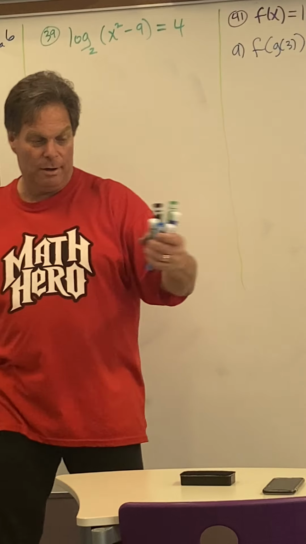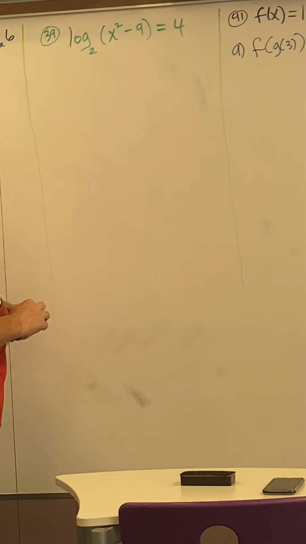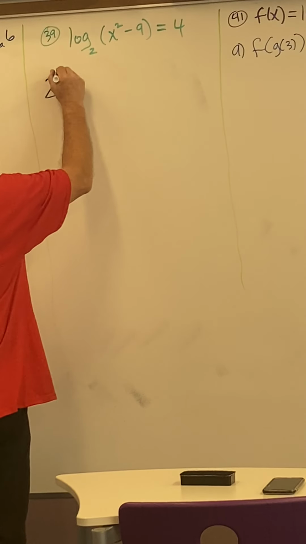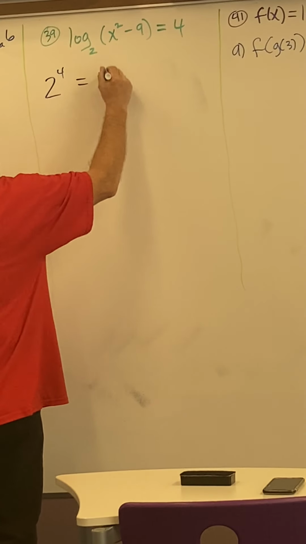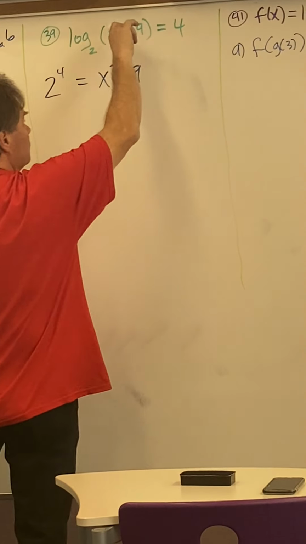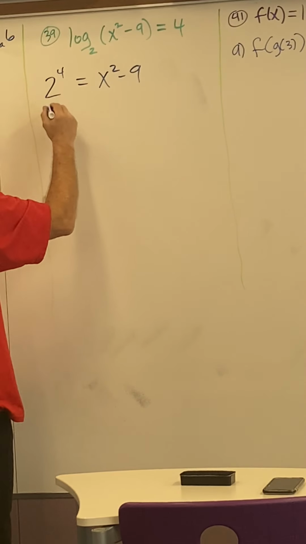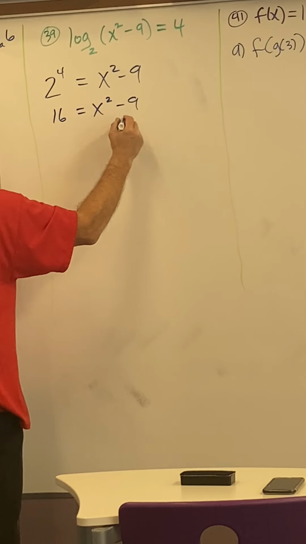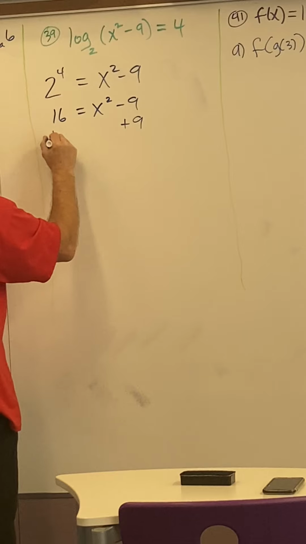Convert or eat dirt. Let's convert. We're going to go 2 to the 4th power equals x squared minus 9. That's just straight up converting: this base to this power equals that. 2 to the 4th is 16, so 16 equals x squared minus 9. Add 9 to both sides.